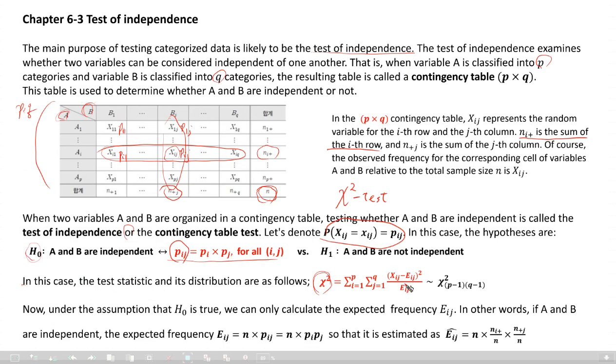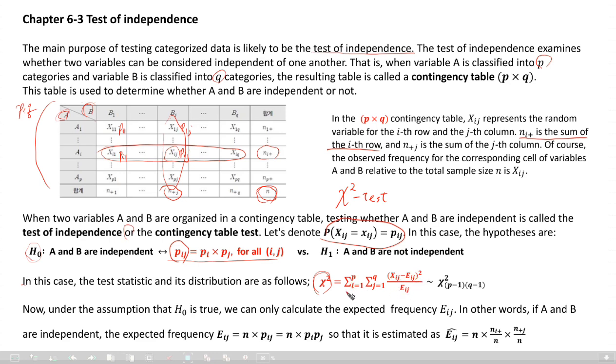So this is the basic form of the chi-square test. Same thing here, but now we have two subscripts. X_ij is the observed frequency for the ith row and jth column. E_ij is the expected frequency for the ith row and jth column, squared difference divided by expected frequency.